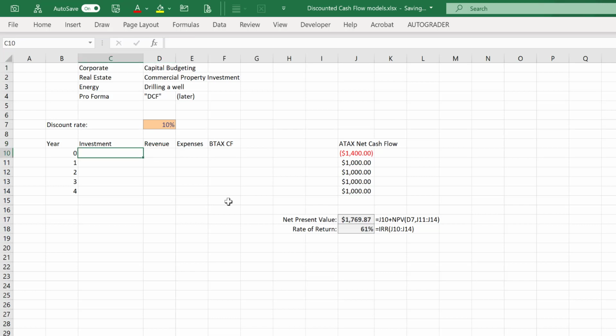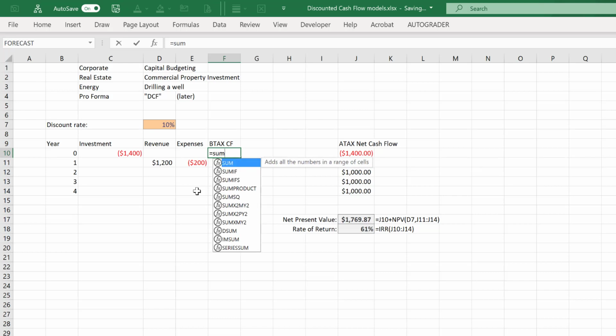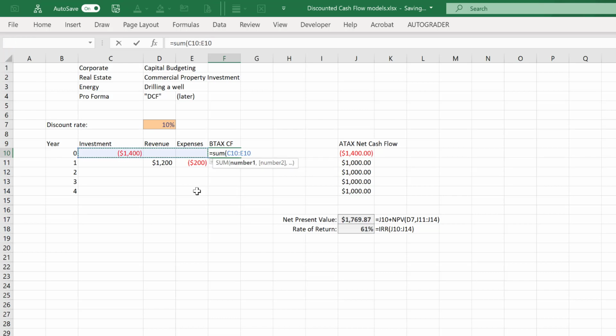And so in this case, we said our investment was $1,400. We wouldn't have any revenue or expenses at time 0, but we would in year 1, let's say. So perhaps our revenue was $1,200 and our expenses were $200, and our before tax cash flow would represent the investment plus the revenues minus the expenses.